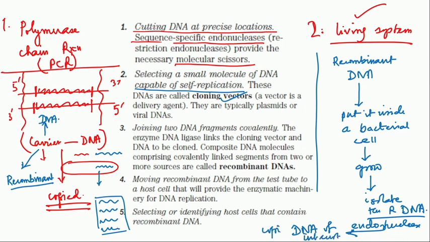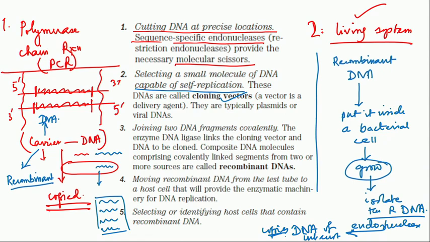Copies of it, because you will get multiple copies, because from each cell you will get this rDNA, and from the rDNA you will get the copies of the DNA of interest. So, that is the system which is usually utilized.